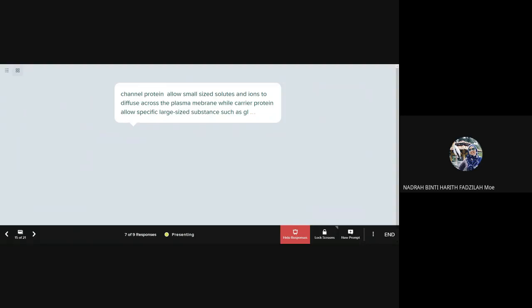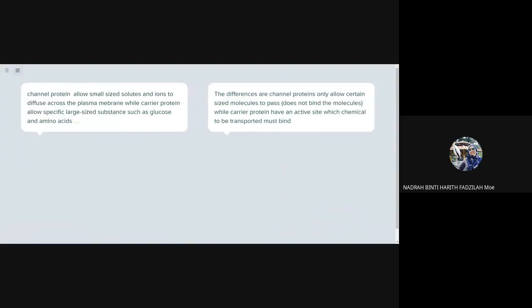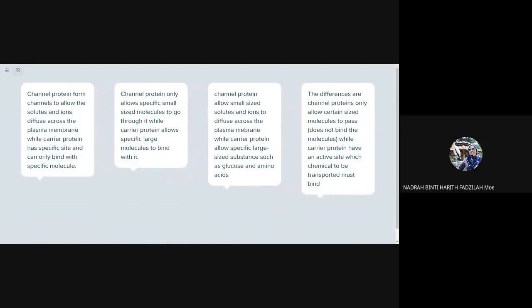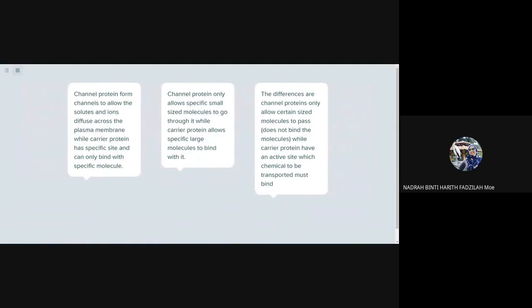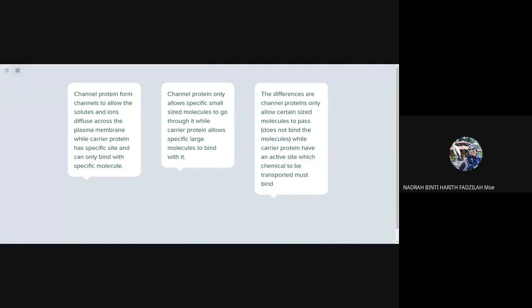Okay, jawapan yang saya paparkan seterusnya ni adalah jawapan yang bandingkan dari segi cara substances transported. Okay.